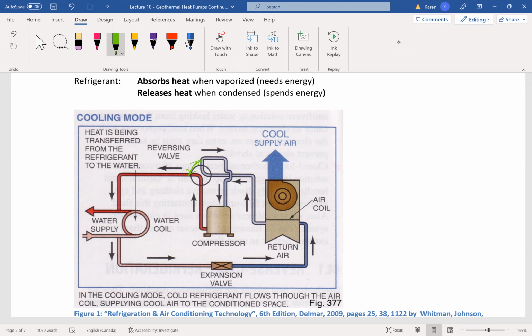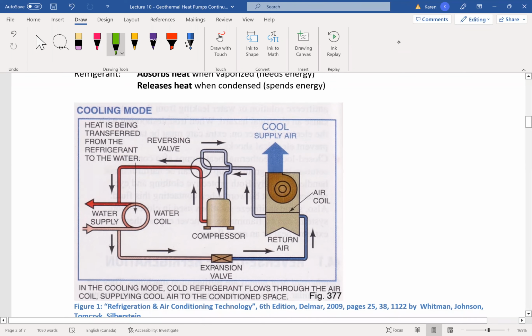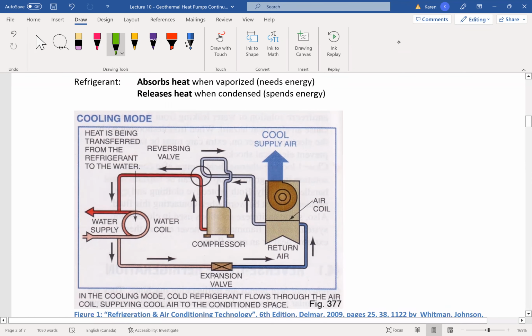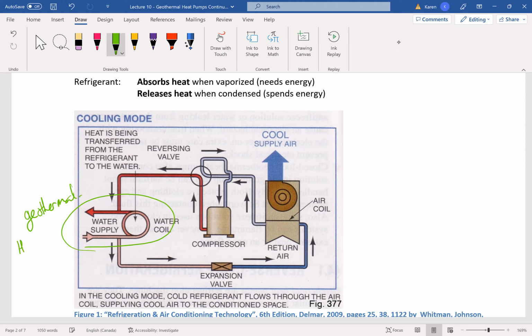So let's take a moment to think about this before we go on our break. This one is actually going into water, right? This is a geothermal heat pump because it says it's a water supply and a water coil. So this is water-based outside.